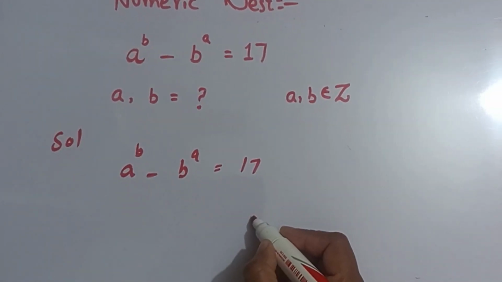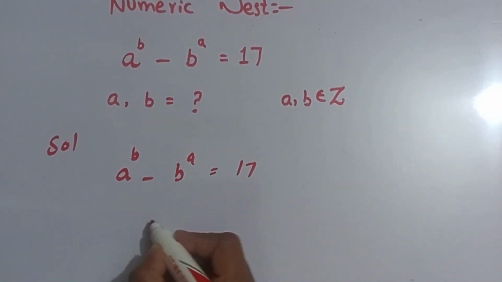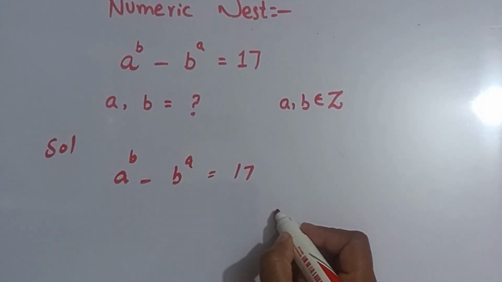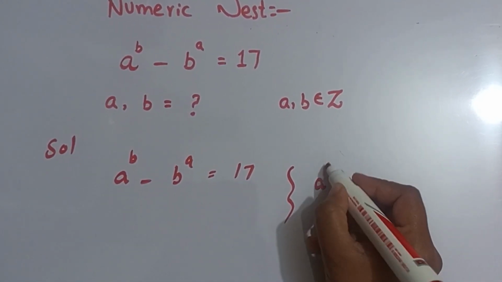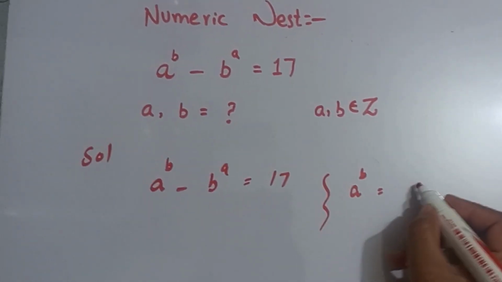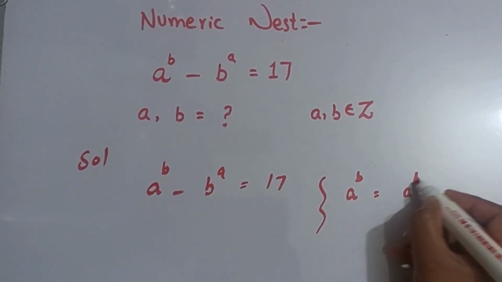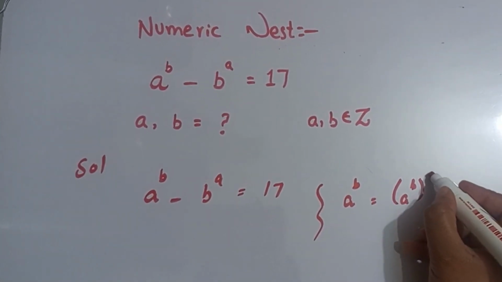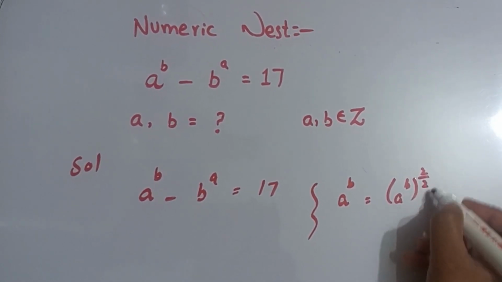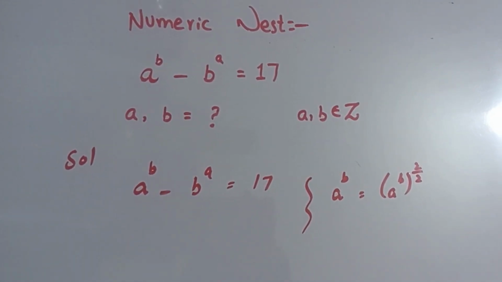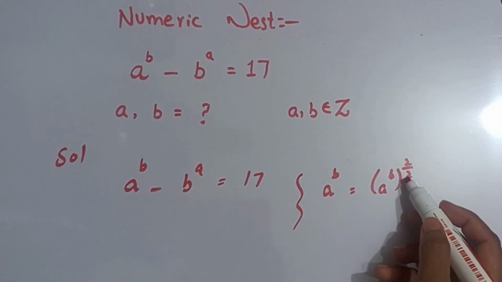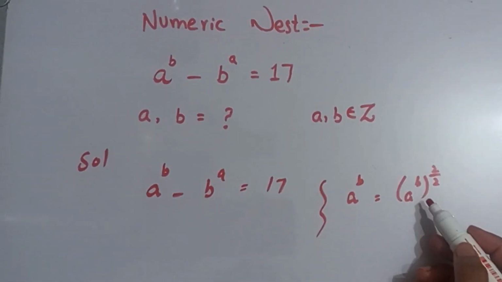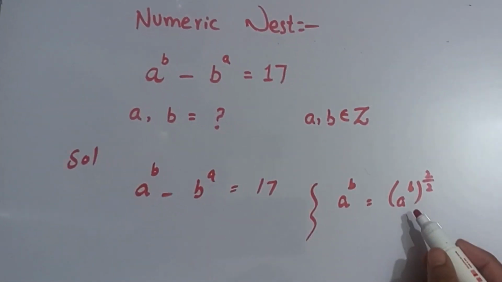Now here we use this important point. We write a raised to the power b as a raised to the power b divided by 2, and its power is again 2. Basically in this step we divide and multiply this exponent by 2.